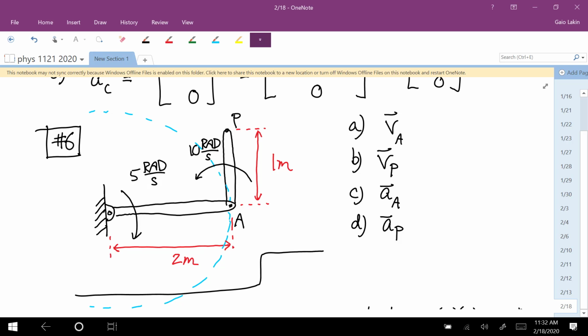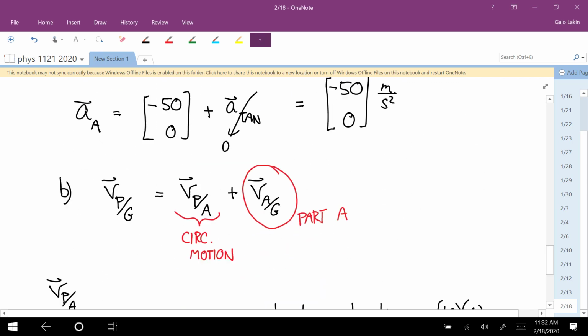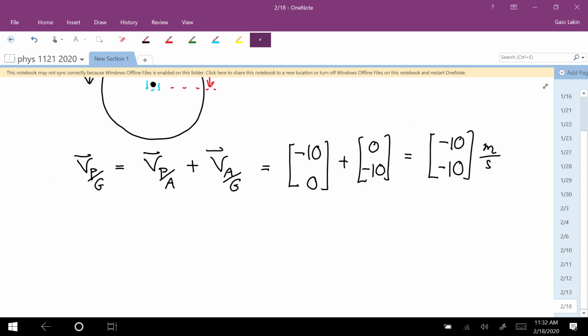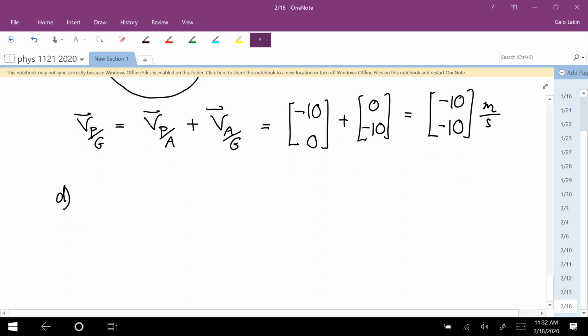All right, so it's sort of the same process for the acceleration. For part D, part C is figuring out the acceleration of A. We already did that. So now we're going to use the relative motion equation that says the acceleration of P relative to the ground is equal to the acceleration of P relative to A plus the acceleration of A relative to the ground.